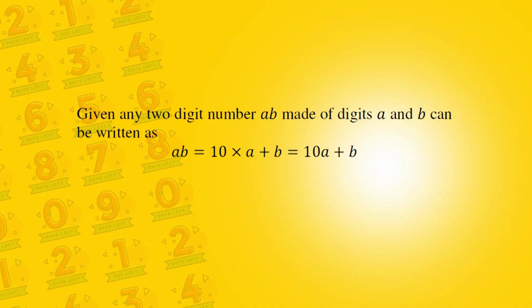Students, similarly, any two-digit number AB made of digits A and B can be written as AB is equal to 10 times A plus B, that is equal to 10A plus B.